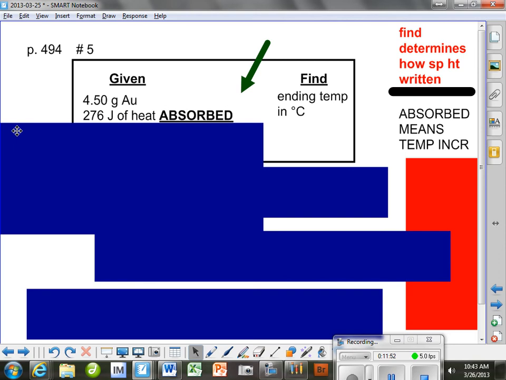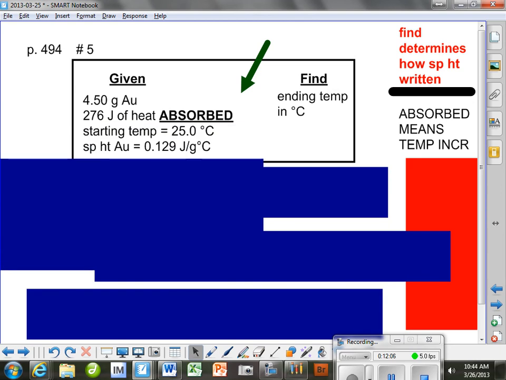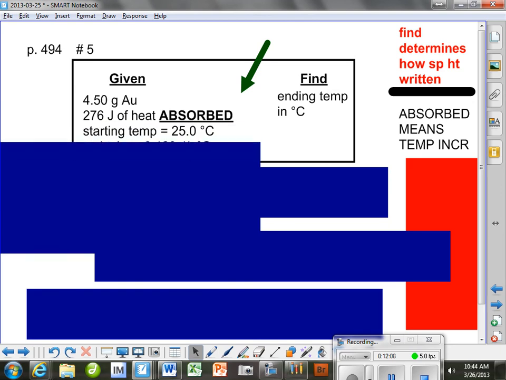It's absorbed. That's what it says, isn't it? And what's next? 25.0°C. And what else do we know? That's the starting temperature.